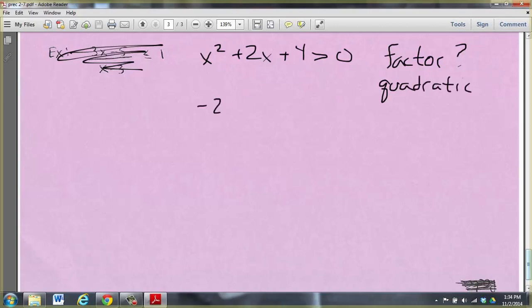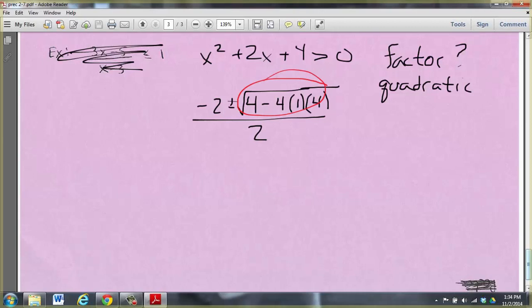Negative b plus or minus the square root of b squared minus 4ac all over 2a, and right away we notice we're going to have an i right there. Oh boy, what does that mean graphically?